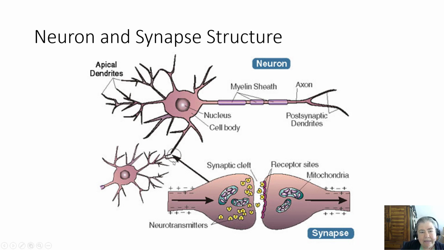Between axons and dendrites, you can have a place where they don't touch, but they come in close proximity, called a synapse.